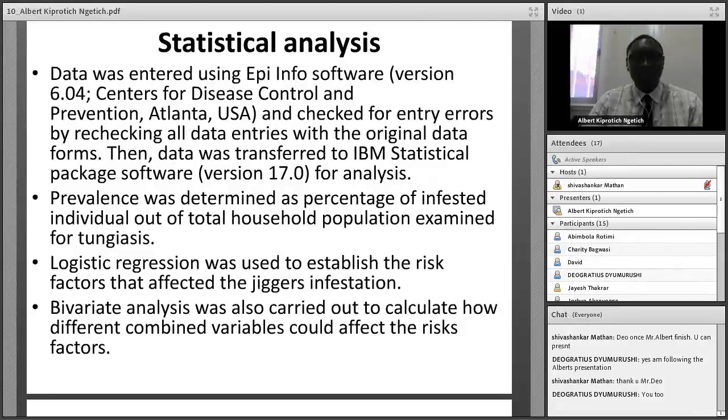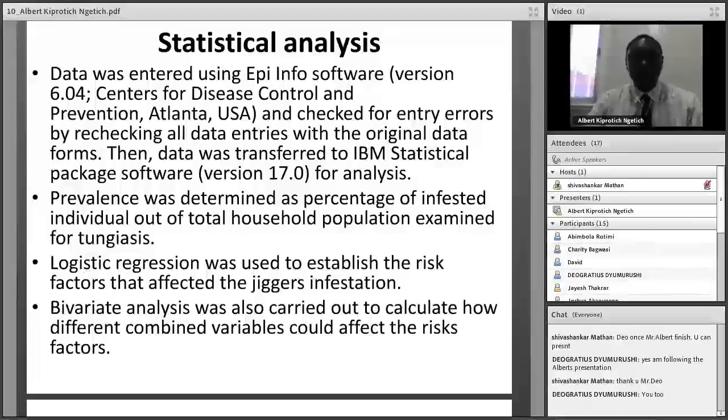Linear regression was used to establish the risk factors that affected the jigger infestation, and bivariate analysis was also carried out to calculate how different combined variables could affect the risk factors.